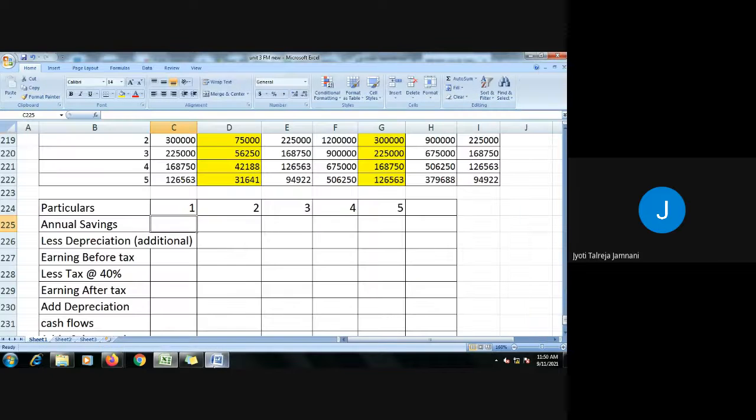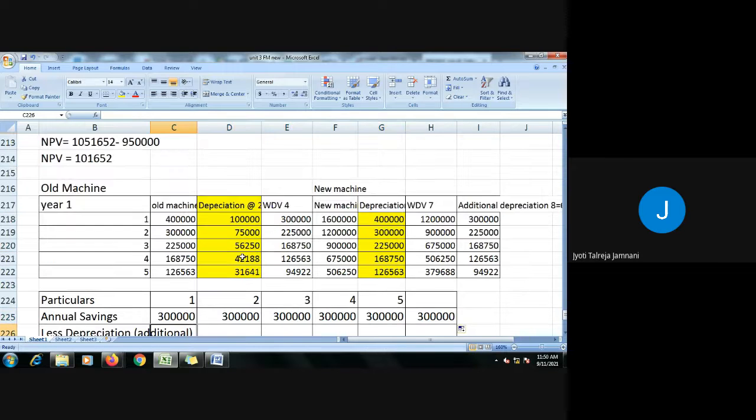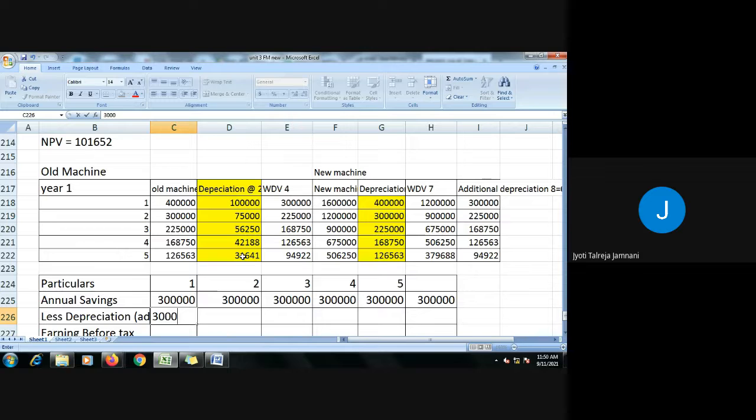Annual savings, they have told 3 lakh rupees, this 3 lakh every year. Then depreciation, we have to subtract.